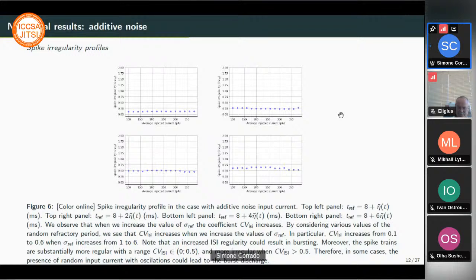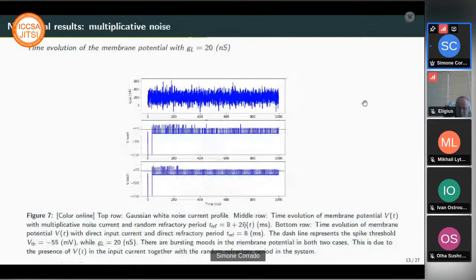One of the conclusions you could make is that spike trains are substantially more regular with a coefficient of variation between 0 and 0.5, and more irregular when this coefficient of variation is greater than half. The intermediate conclusion you could already draw from here is that in some cases, the presence of random input current oscillations could lead to burst discharges, which is an important observation.